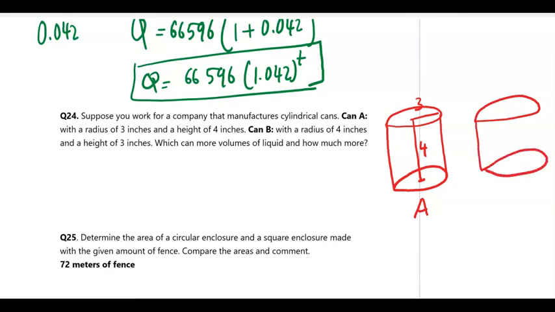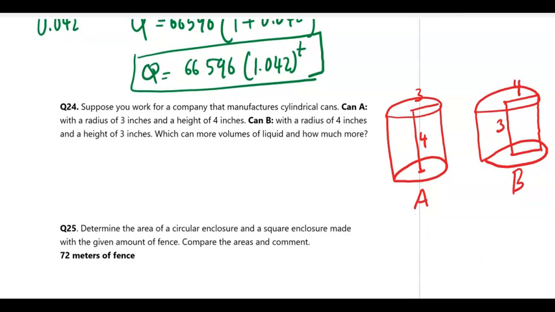Can B has radius 4 but height 3. Again, note that this is not drawn to scale. So that's how it looks: this is the can B top, this is the can B bottom. You can see that.